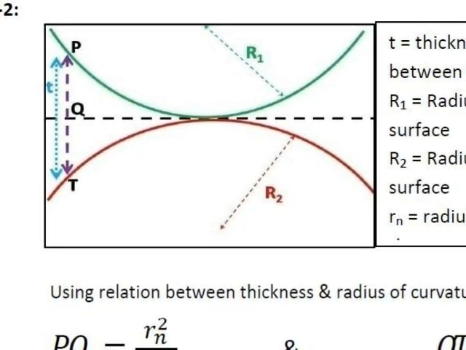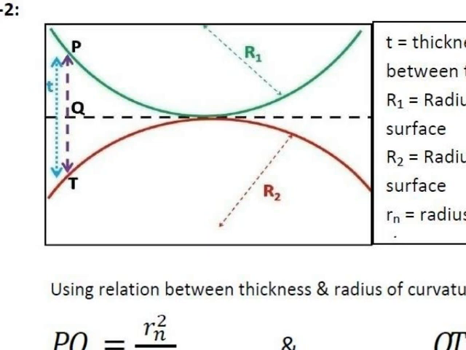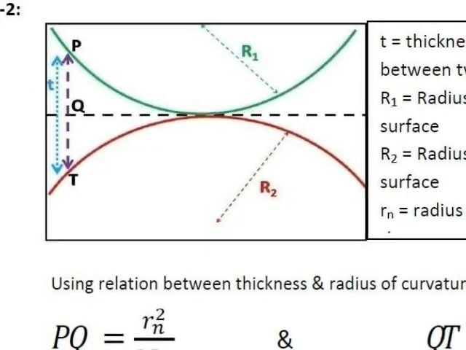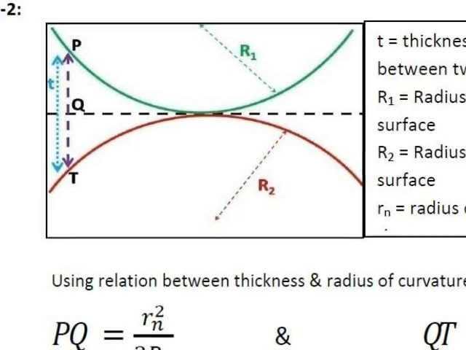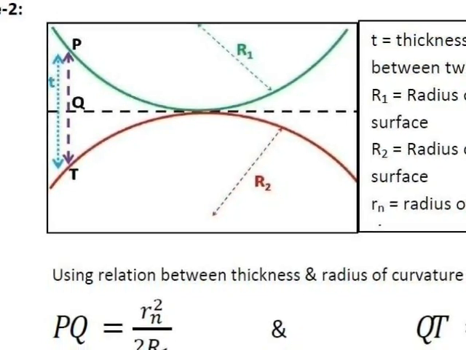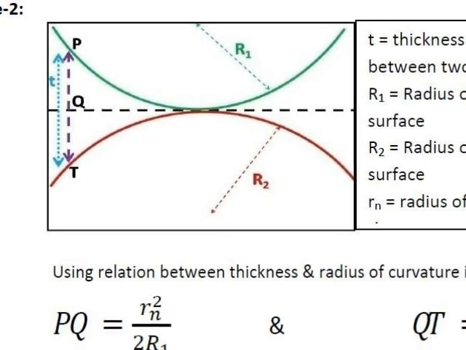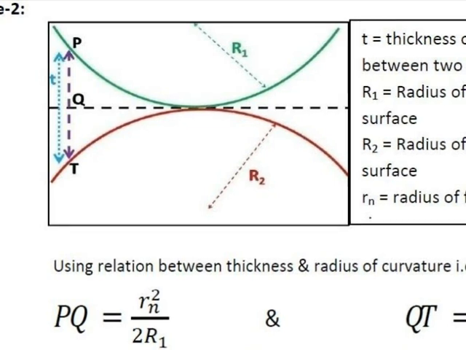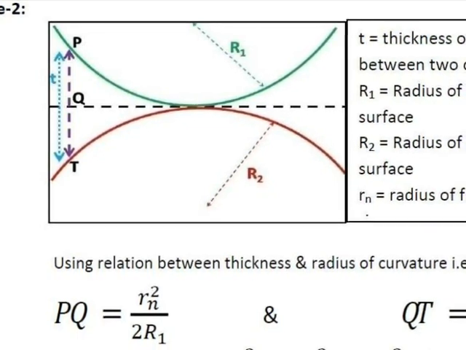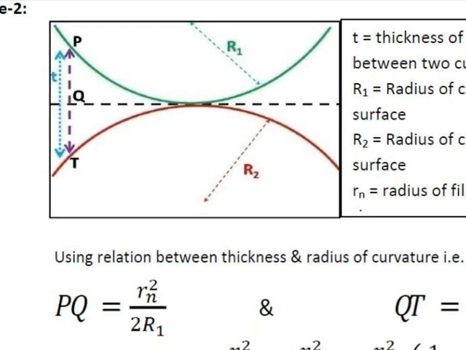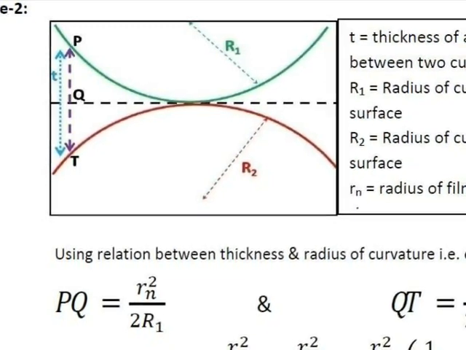Now, what is the thickness of air film trapped between the green surface and the glass plate P? It's PQ. Radius of curvature of green surface is R1. So formula PQ is equal to rn square by 2R1. Clear? This is the thickness of film trapped between the green surface and the glass plate.